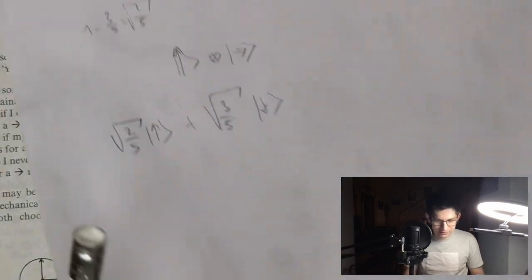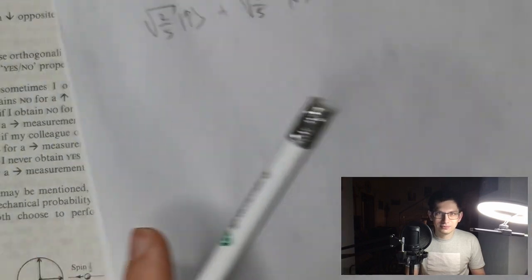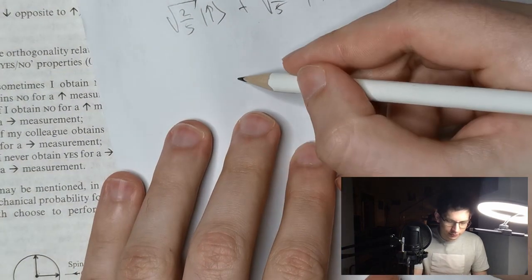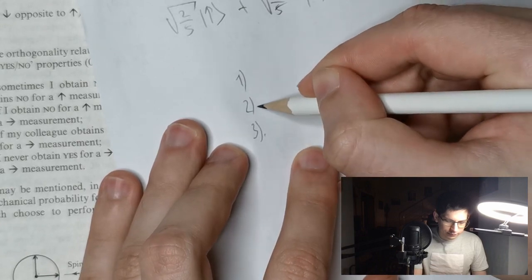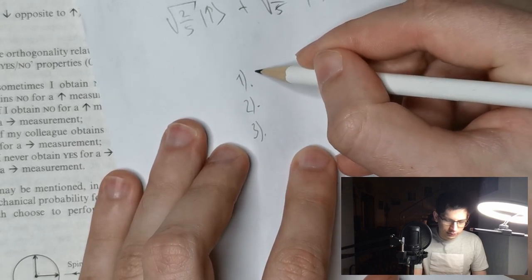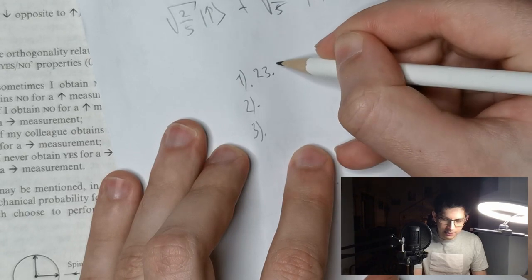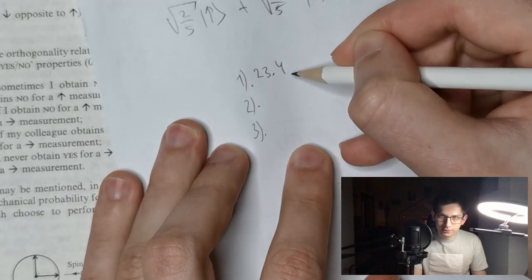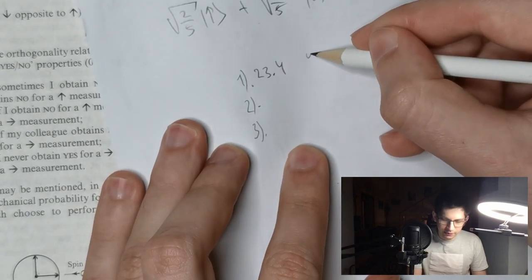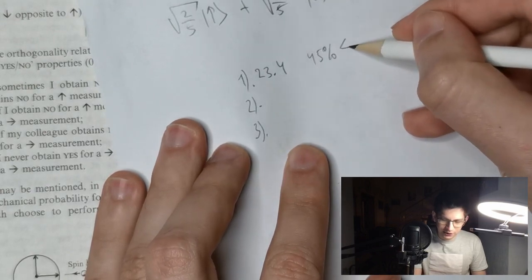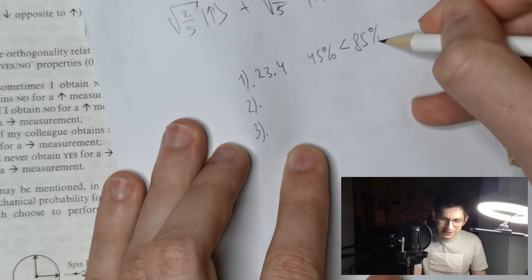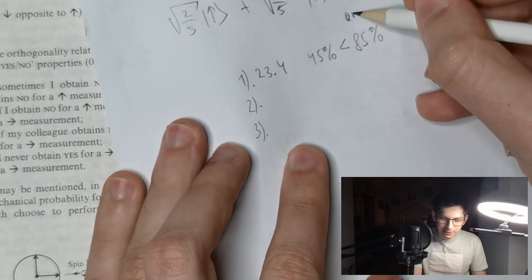So what was the other example? It's video 5 on the list, and it's the CHSH. Yeah, so we have one example in 23.4. The example where we have 45% probability, which is less than 85% probability.